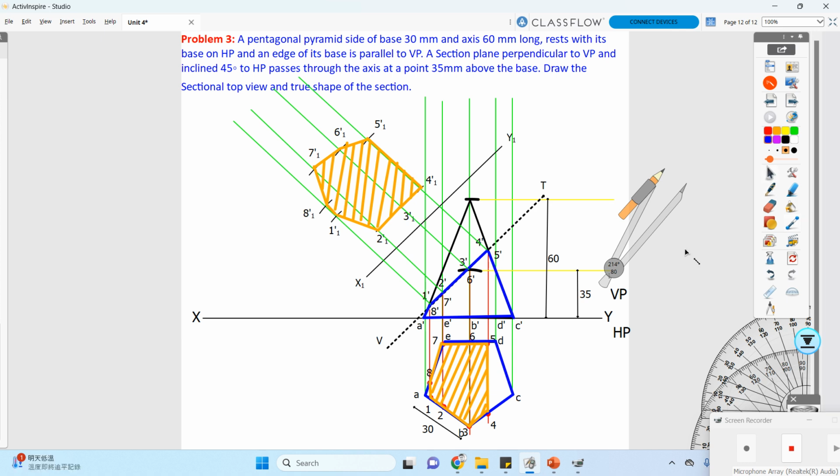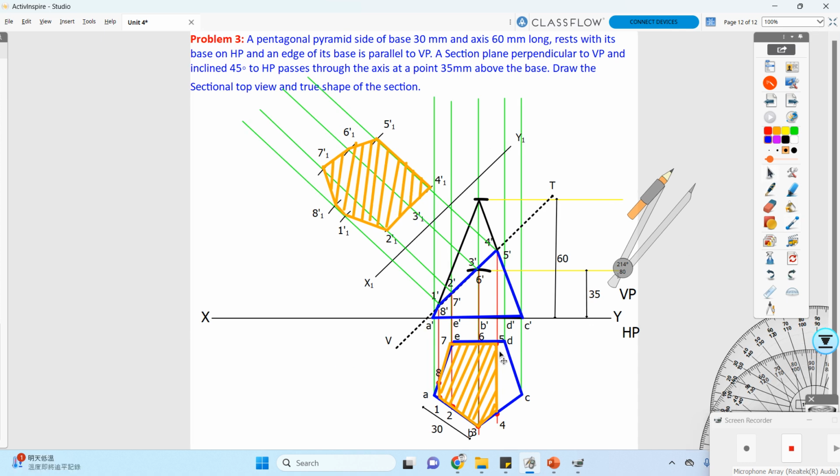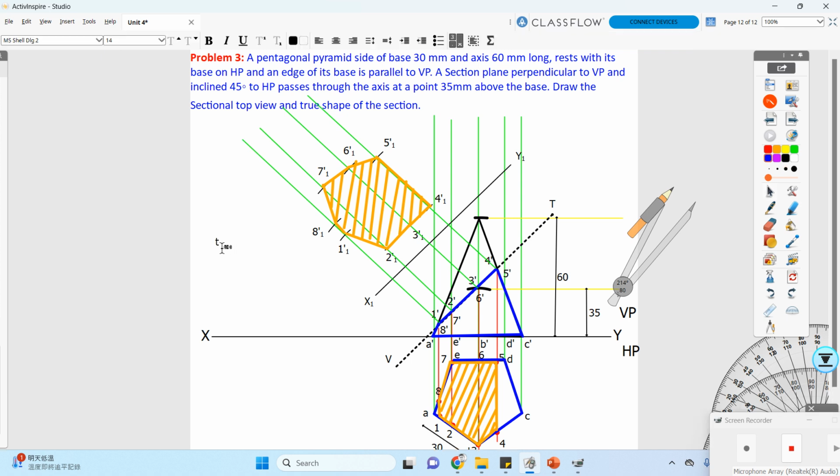Okay, so you can mark your information over here. This is the true shape of the section as per your given data.